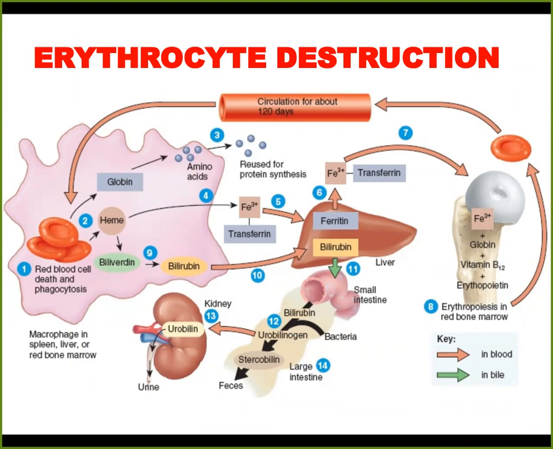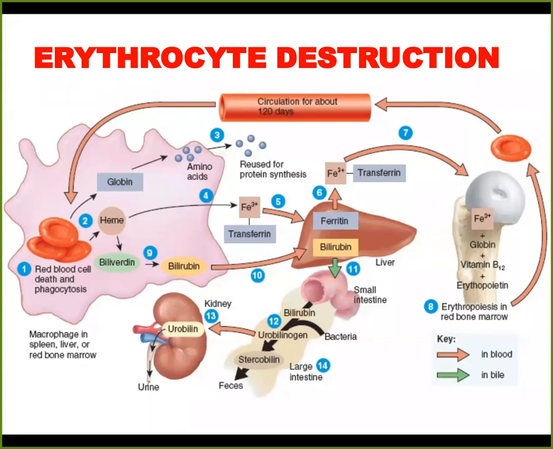And some kinds of anemia are associated with excessive destruction. You know, normally the lifespan of red blood cells is about 3 months, and after this time red blood cells are destroyed in the spleen.